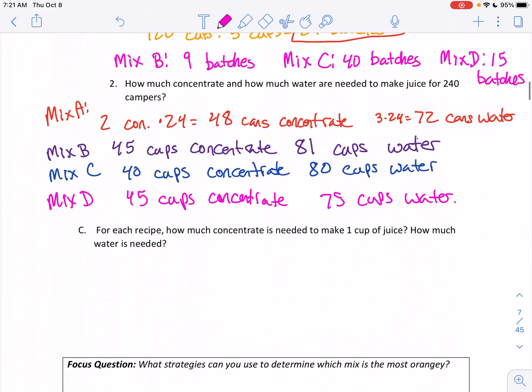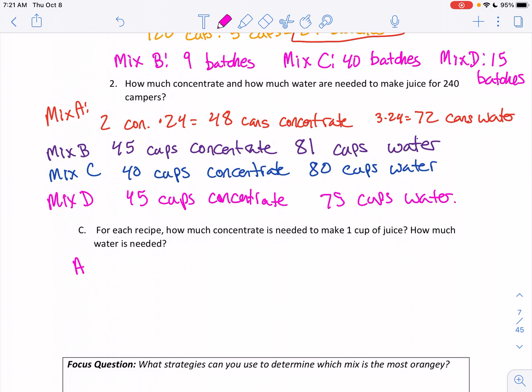Okay, so then for part C, for how much concentrate is needed to make 1 cup of juice, how much water is needed. It sounds confusing, but it's actually really simple once you think about it. When you have 1 cup of juice, you just need to essentially make fractions of part to whole, because then your 2 fractions of part to whole will add up to 1.